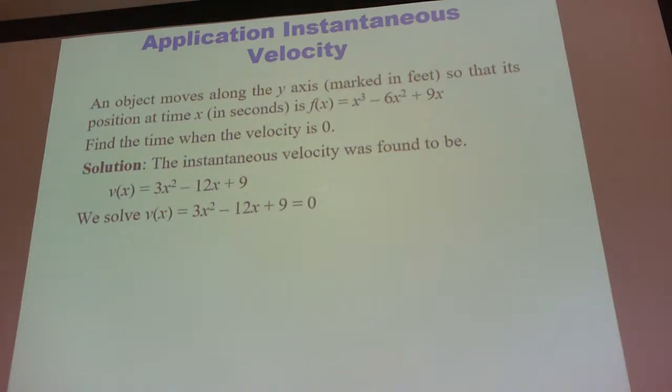So I'll kind of explain the notes. If I was going to solve when the velocity is 0, what would you do first? Factor out a 3. Then what would you do? You have x squared minus 4x plus 3. What would you do?